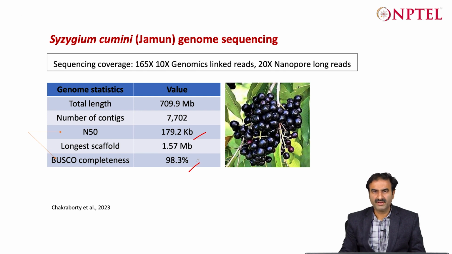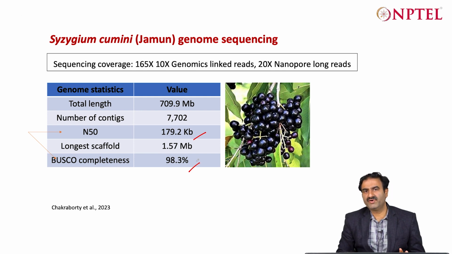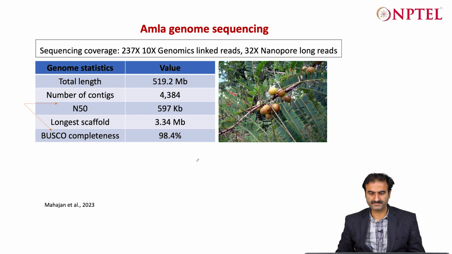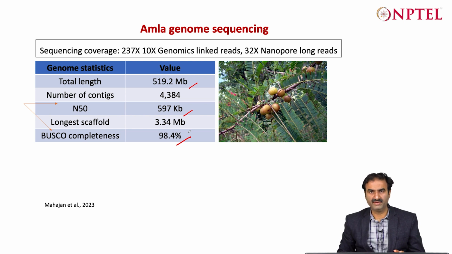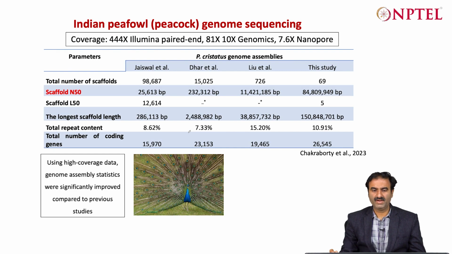That means at least gene-wise they could find most of the genes in this genome. In amla also the N50 was 597 KB for a 500 MB genome, and the BUSCO was 98%, which also tells that BUSCO-wise and N50-wise the genome was fine, and this is a reliable and reportable level of genome assembly.